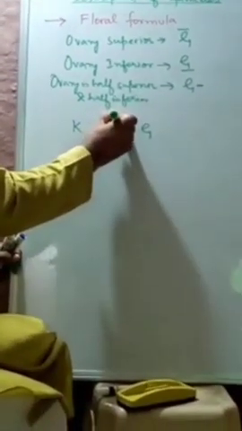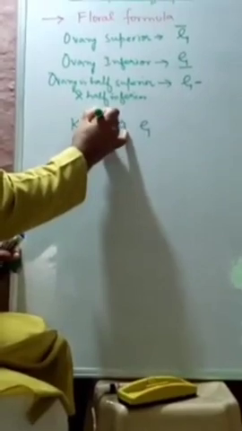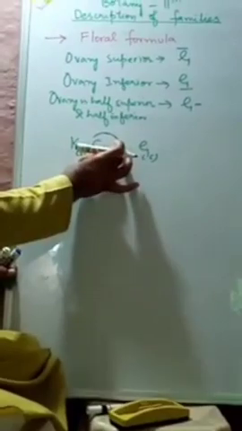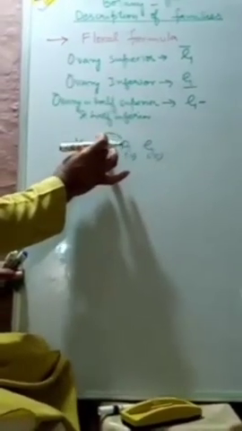When these are fused, then we draw this like this. That means the calyx is fused, corolla is fused, androecium is fused, gynoecium is fused, and these two are fused. That means androecium and corolla are fused. We draw this bracket.